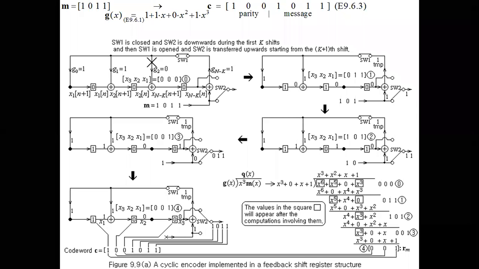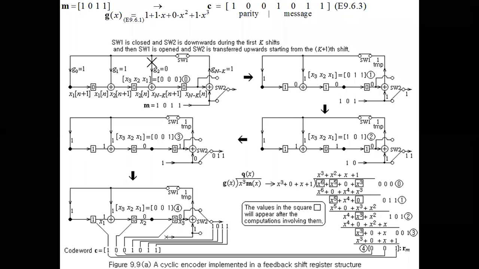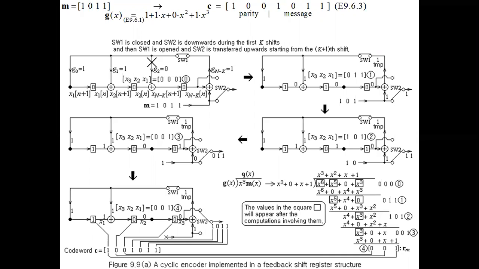The fourth step is that the circuit division method depends on the cyclic shift of the shift registers, in brackets, end around shift.